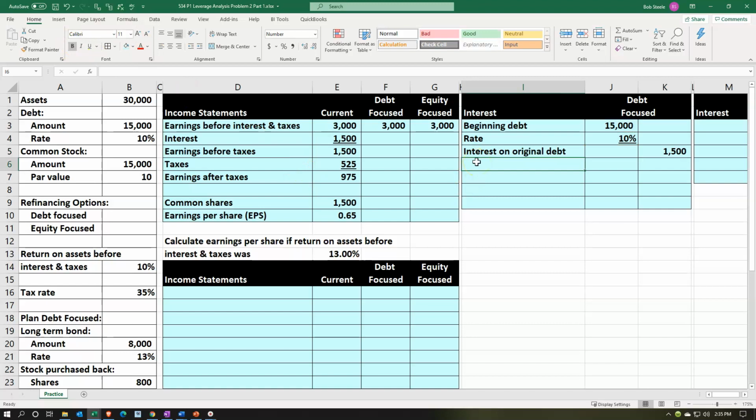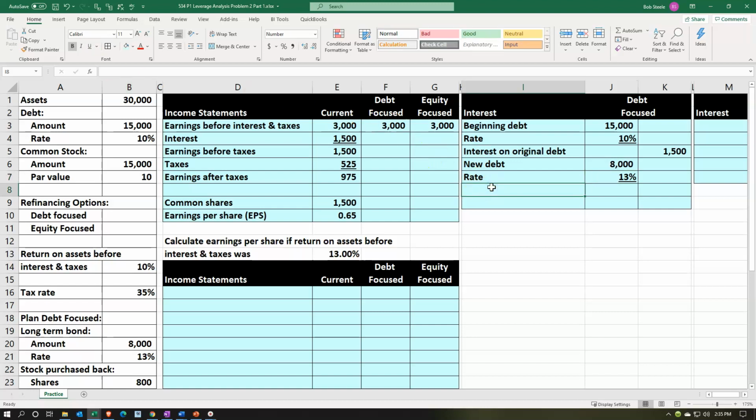And then we have the new debt that we're going to be taking on. New debt is going to be equal to the 8,000 we're going to be taking out here. 8,000 of new debt. The rate on it is going to be that 13%, which has gone up. And so that's not good. But that's going to be the home tab, numbers, percentifying it, and then home tab, font, and underlining it.